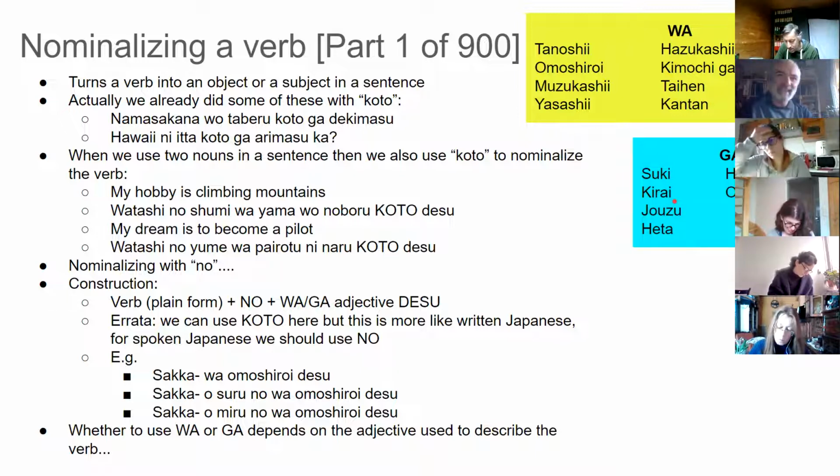Well, actually, they are, but they're also not, because as na adjectives, sushi ga suki desu, I know we translate it as I like sushi, but it actually means sushi is likable. Suki and kirai are basically kind of nouns by themselves. Namasakana ga kirai desu. This means raw fish is hateable, is detestable. So it's also a kind of objective observation.